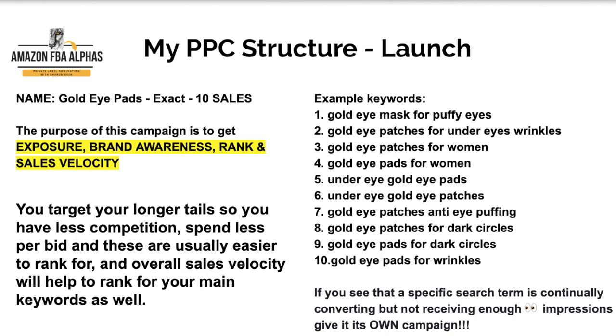So by getting sales for those search terms, okay, so for these 10 keywords, it's also going to help me rank for gold eye pads, for gold eye patches, and for gold eye mask, which are most probably the main keywords. If you see that a specific search term is continuously converting but not receiving enough eyeballs, so impressions, give it its own campaign. So we just spoke about that a few times, and you guys get that.